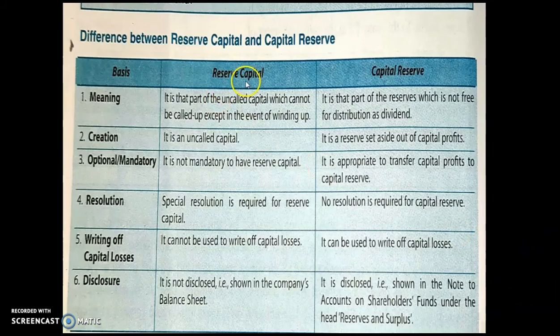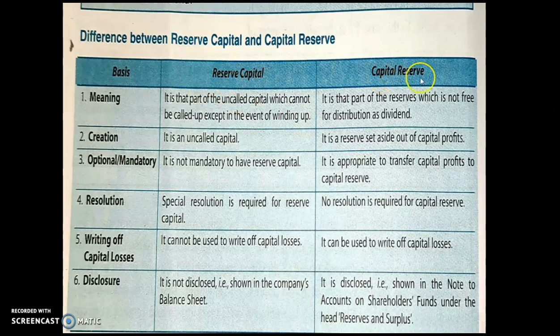Now we can see the difference between reserve capital and capital reserve. First thing, the meaning. It is that part of uncalled capital which cannot be called up except in the event of winding up. So by special resolution, the company decides that the part of the installment which is not called will be called up only in the event of winding up of the company. That is known as reserve capital.